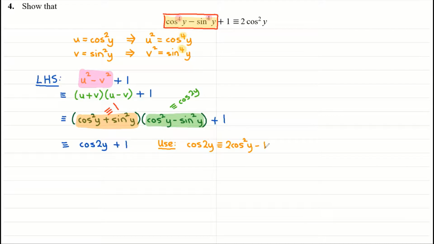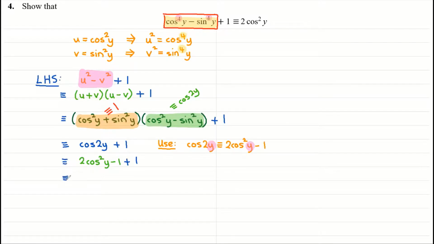These are the ones you need to learn. And please don't be put off by the angle changing in each question, all right? We're talking about y in this case, so it's just y's all the way across. So let's make the substitution now. In the next line, cos 2y is just going to be 2 cos squared y subtract 1, and then we obviously add the 1 on the end, and they're going to cancel.